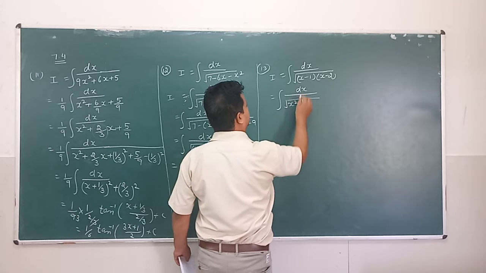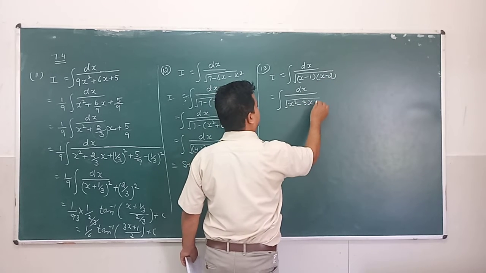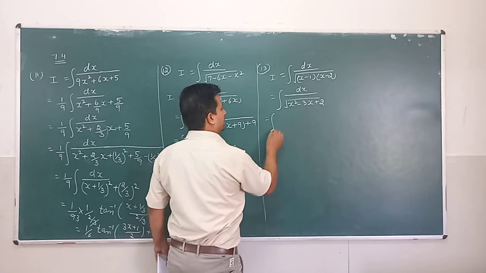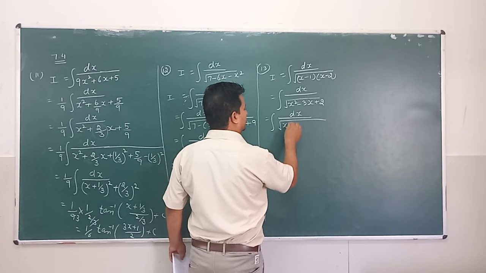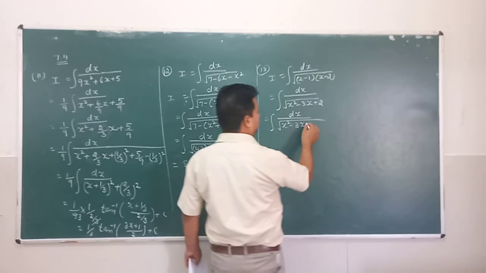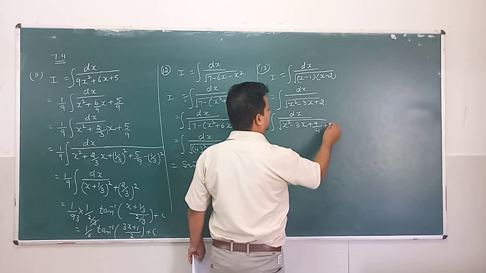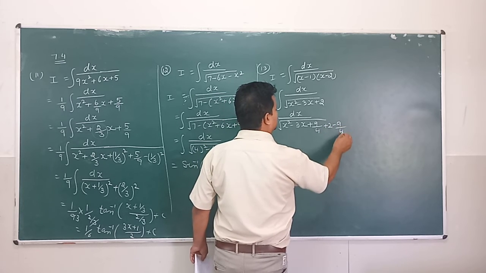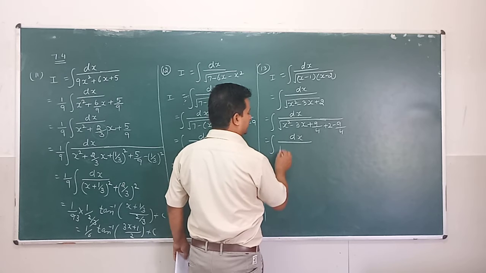This is x square, this is minus 2x minus x, which is minus 3x plus 2. After this, completing the square, the coefficient of x is 3, so its half is 3 by 2 and its square is 9 by 4.